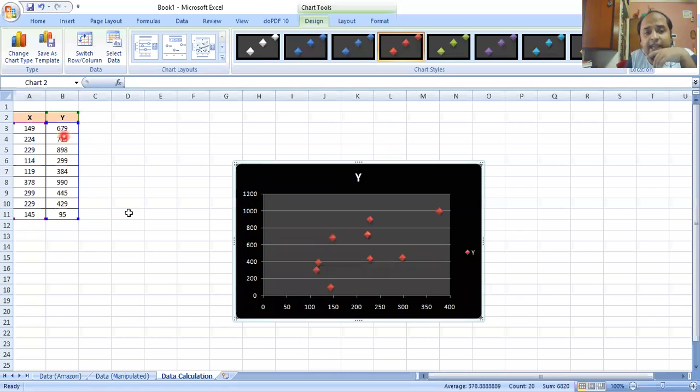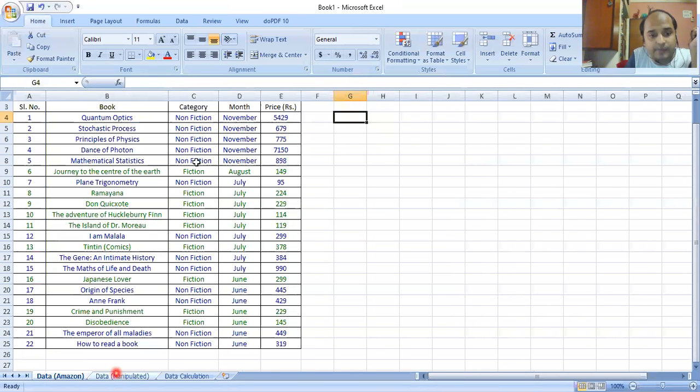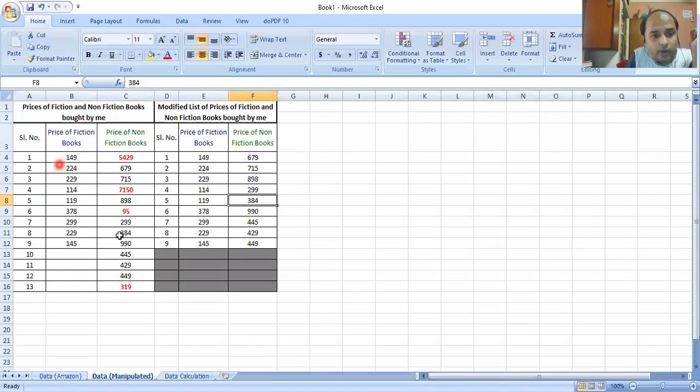You cannot say that 95 is an outlier just because it is a 10-digit figure. The outlier is what is shown in this particular picture. I'm showing you again what an outlier is, so you will get to know it properly. That is called the outlier.